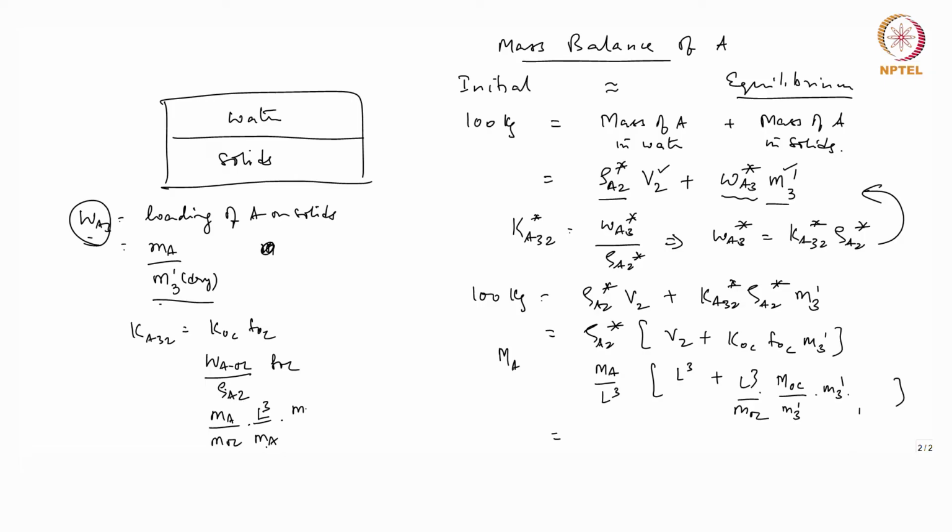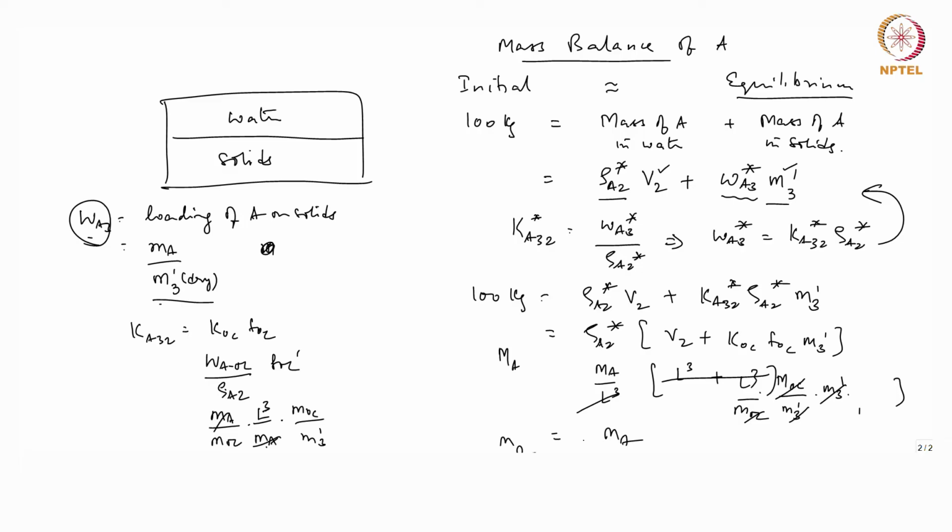This is MOC by M3 plus FOC. So, MA is cancelled, L3 by MOC is KOC. So, if you write dimensions like this, then you know if you are missing something. All the dimensions have to add up. So, this will cancel, L3 cancels with this, you have MA on the right side, MA on the left side.